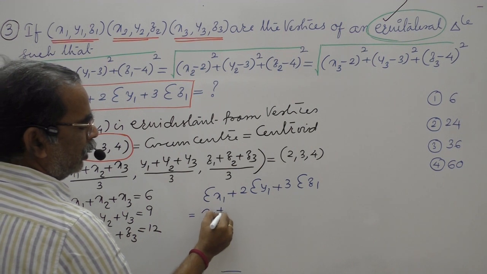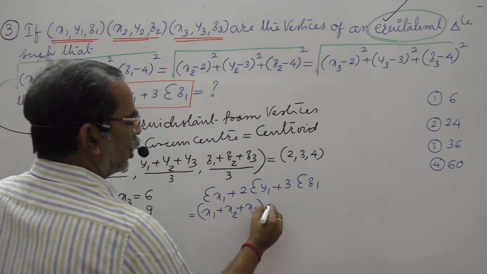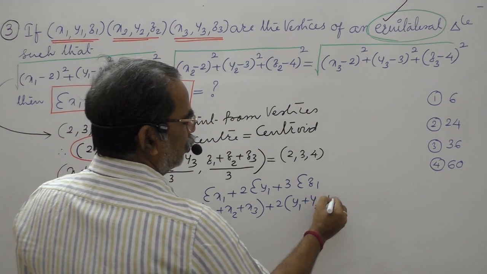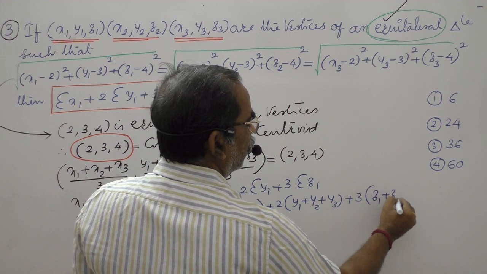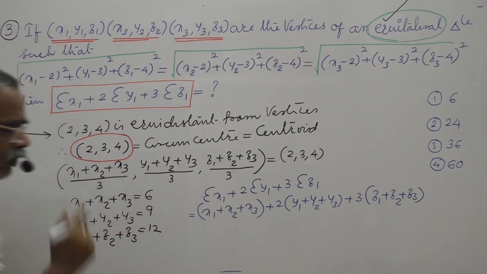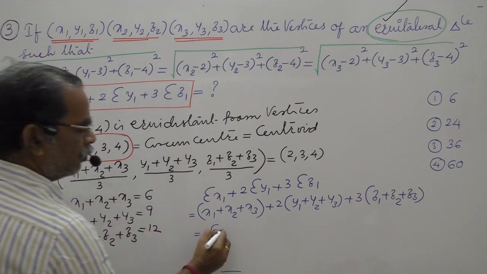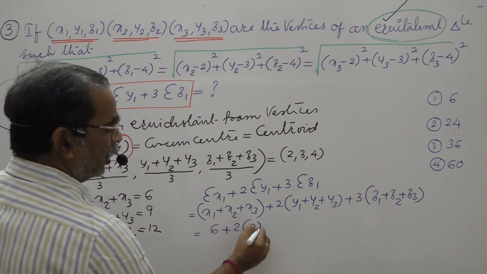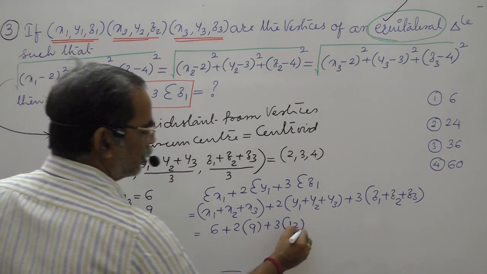So sigma x1 means x1 plus x2 plus x3, plus 2 into sigma y1, that means y1 plus y2 plus y3, plus 3 into sigma z1, meaning z1 plus z2 plus z3. Already we have found these 3 values. We shall substitute here: x1 plus x2 plus x3 is 6, plus 2 into y1 plus y2 plus y3, it is 9, plus 3 into z1 plus z2 plus z3, it is 12.